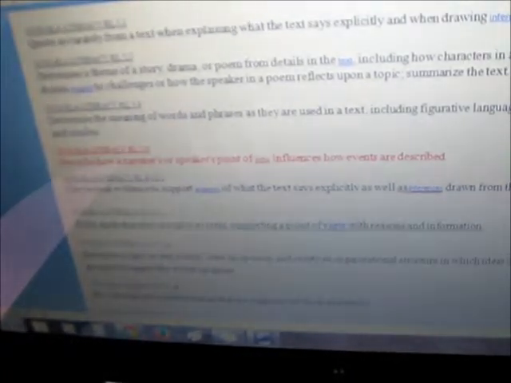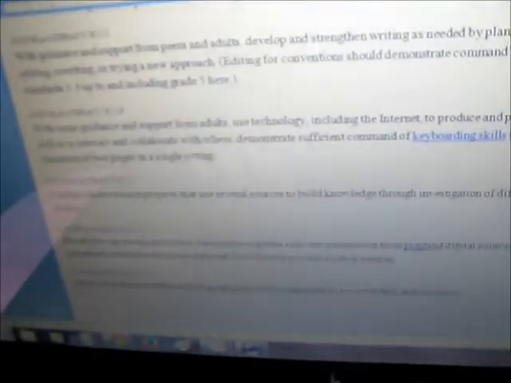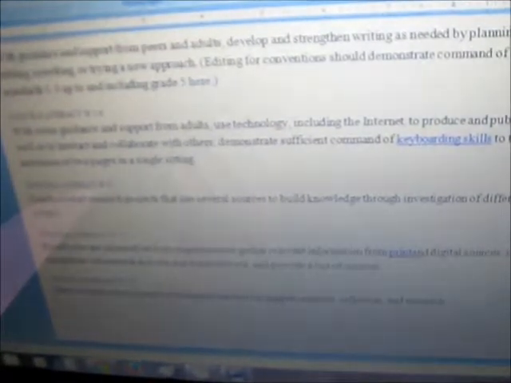In writing standards, we have writing 5.1, and that includes A, B, C, D. We have writing 5.4, 5.5, 5.6, 5.7, 5.8, and 5.9.